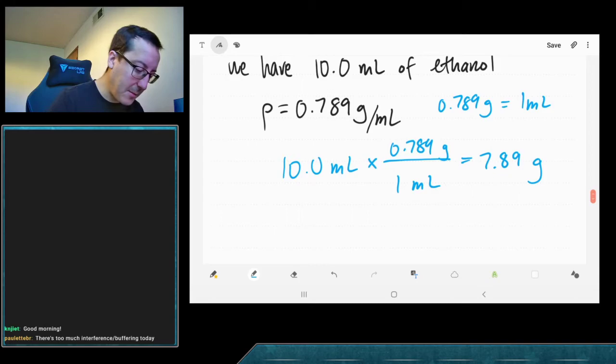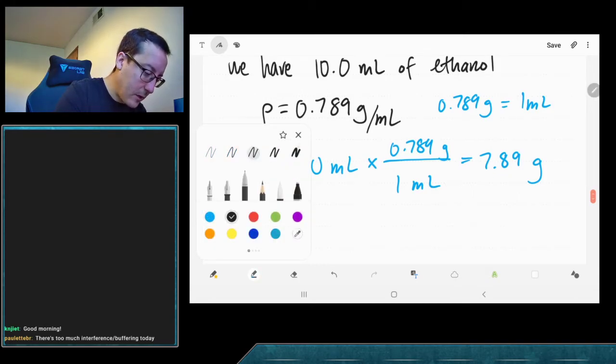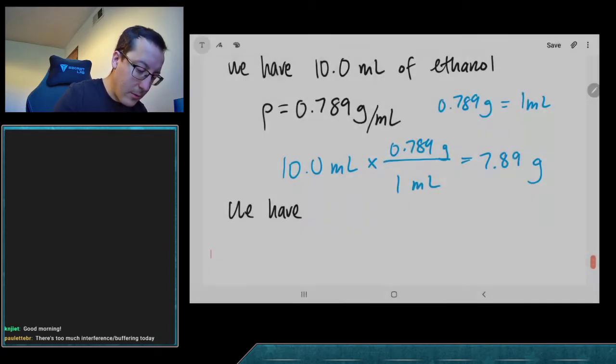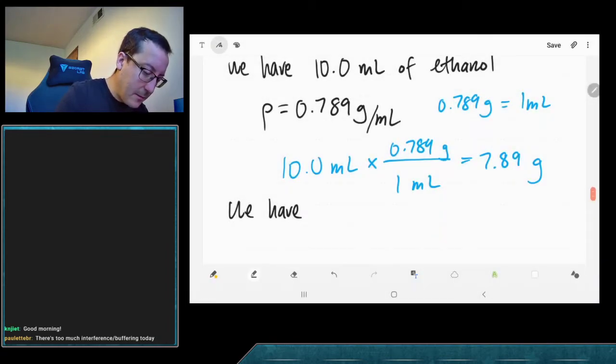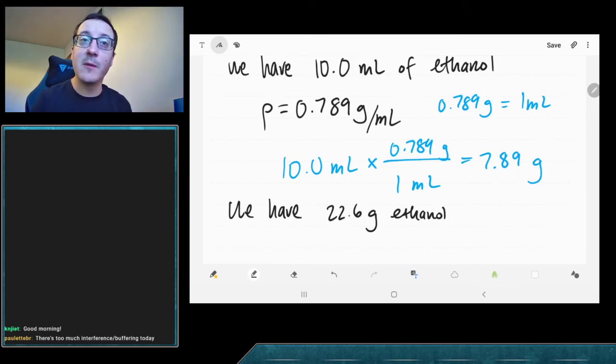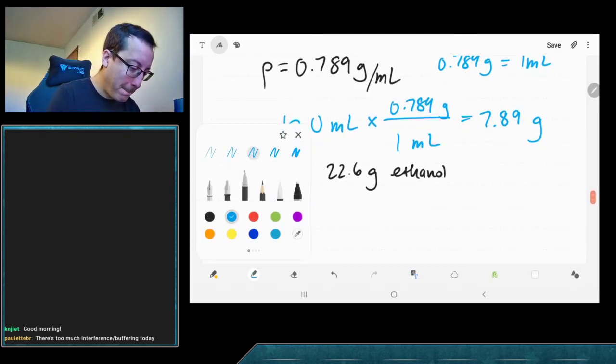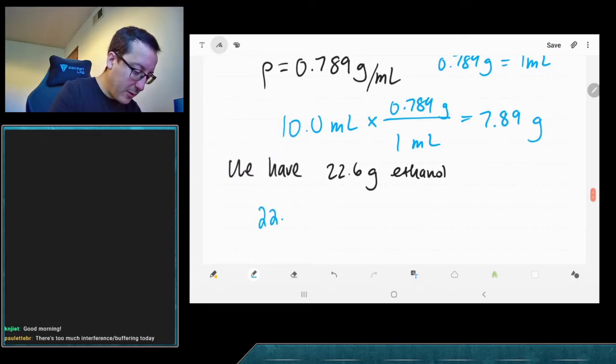So say maybe now we have, let's see, I don't know, 22.6 grams of ethanol. We could see what the volume is going to be by using the same idea. 22.6 grams.